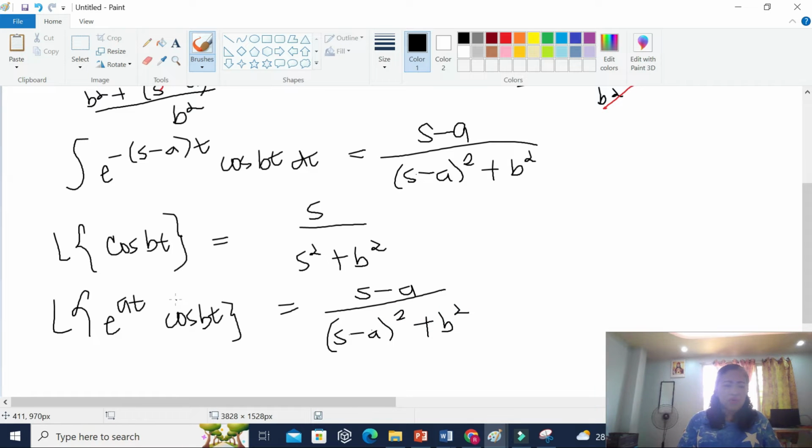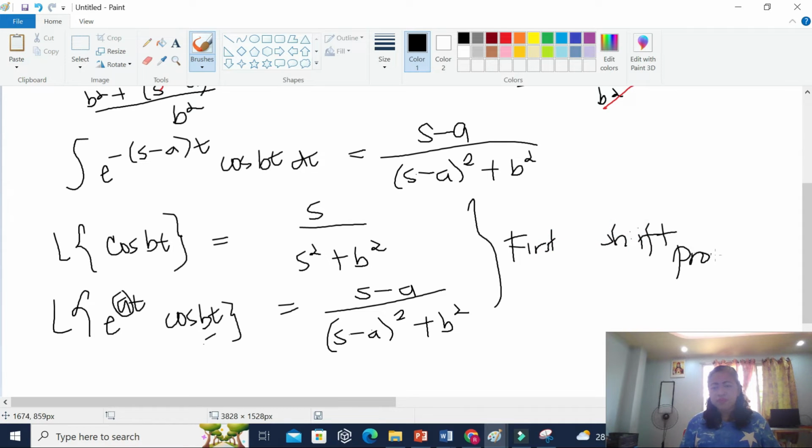The A is the exponent of E, and the B is the factor of cosine of B. So this is your first shift property. Whenever your function has E to the AT, your S is shifted by A. Any questions so far?